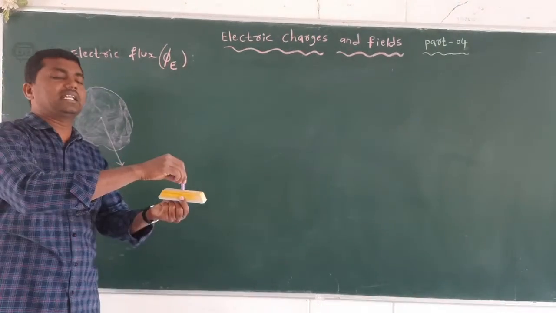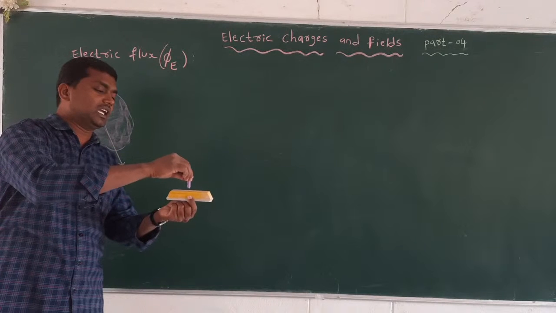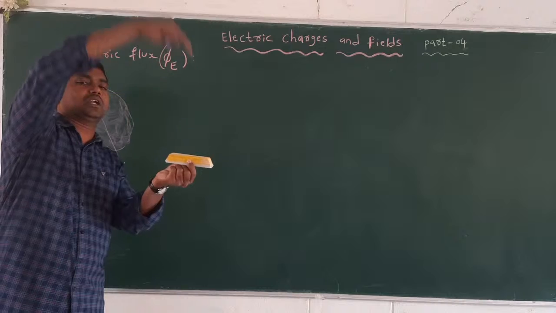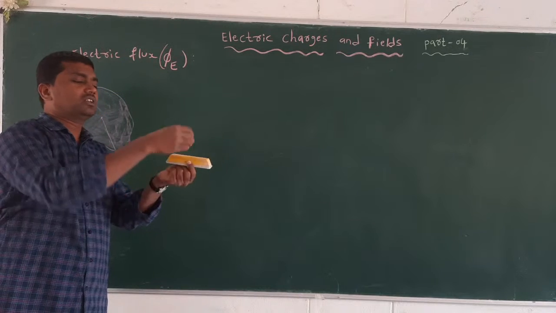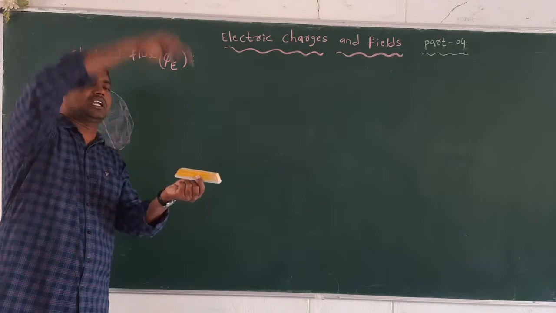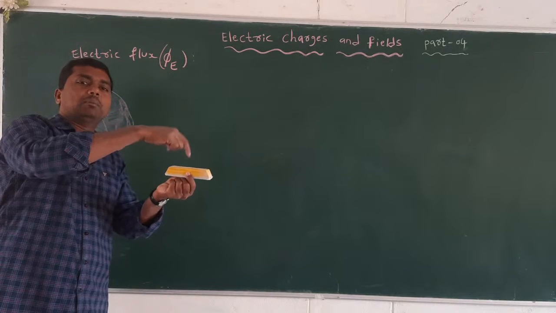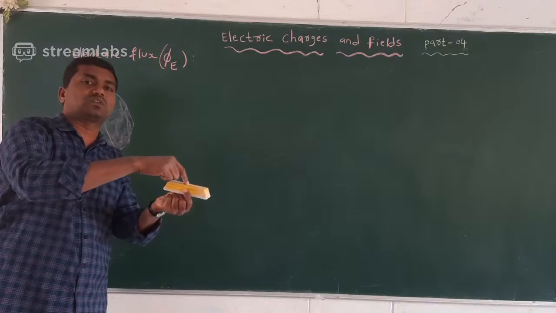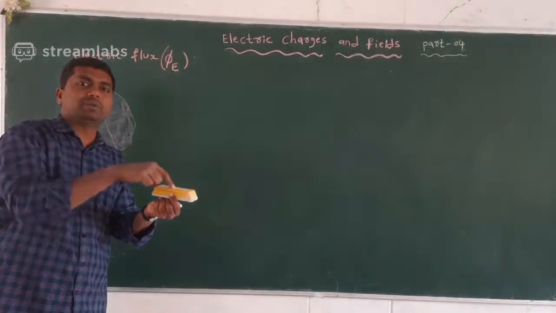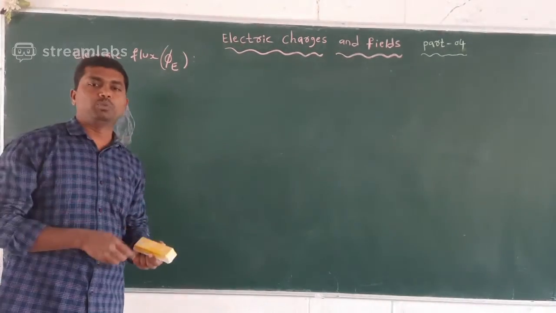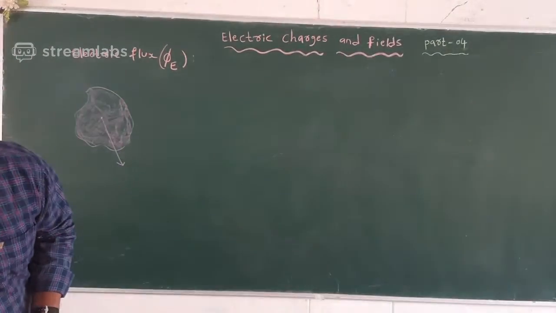The electric field lines are normal, perpendicular to the horizontal surface. When we draw the electric field lines normal to the surface, it is called electric flux. The angle between the electric field line and the surface is 90 degrees, so both are perpendicular.